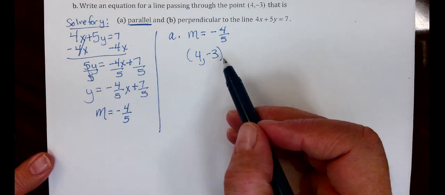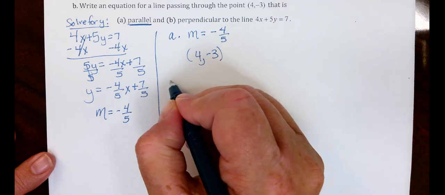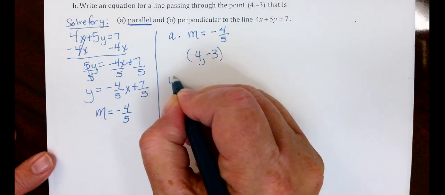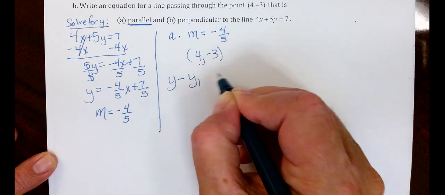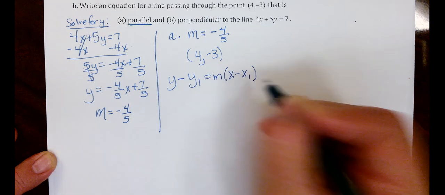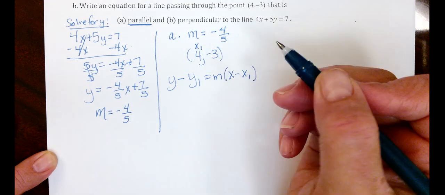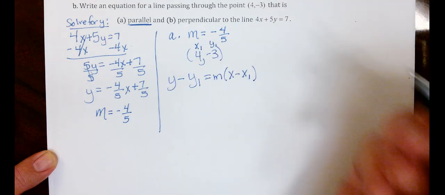We're given a point and the slope, so we're going to use point-slope form of a line. Remember that is y minus y1 equals m times x minus x1. Let's label our point: 4 is x1, -3 is y1.